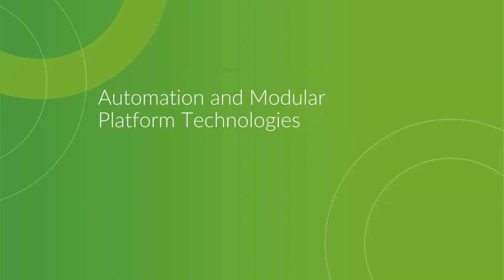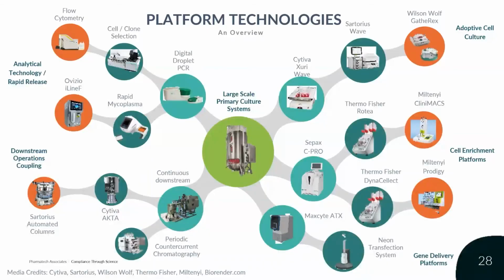And then a couple of things in quick succession that I'd like to discuss before we jump into the questions are the current platform technologies that are available. If you were in the 90s right now, most of these would not exist.